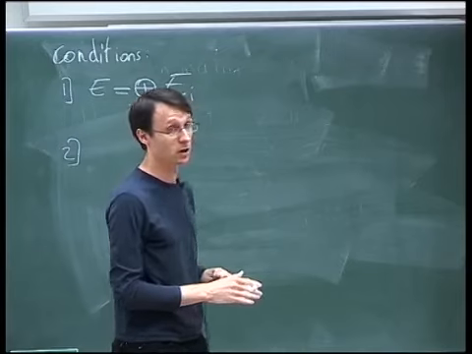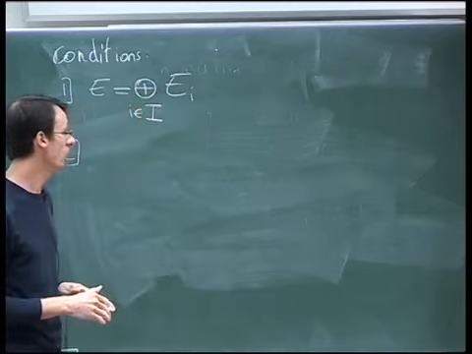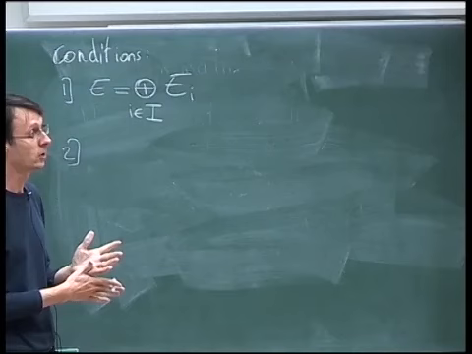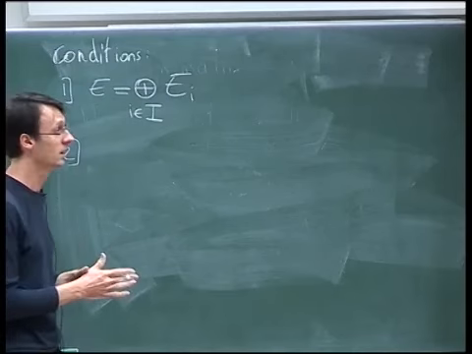The second condition, which you saw last week for SL2, was to require that on the Grothendieck group of the category, we should have an action of the Kac-Moody algebra.